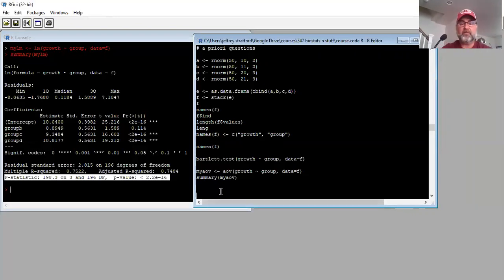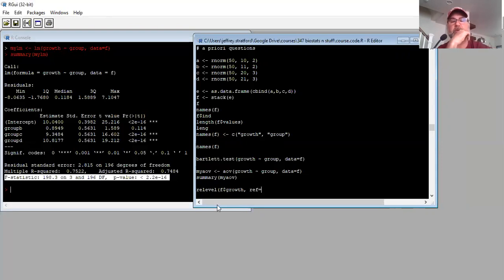So we use relevel, and it's pretty straightforward. So you use relevel, and we used F, and it was growth. And you just say reference.